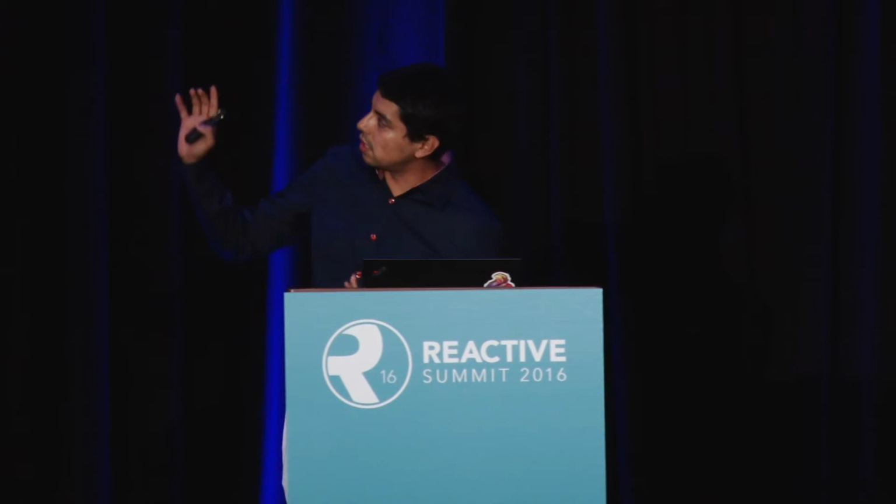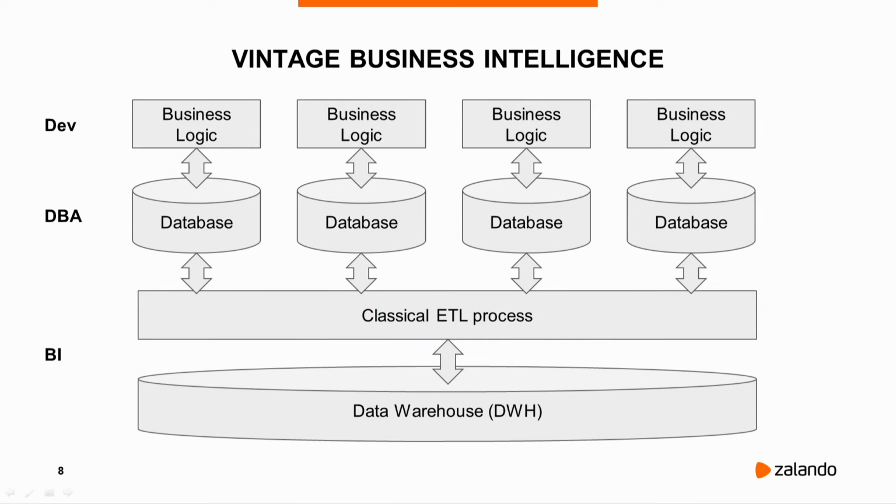You have your application, which contains the business logic. They write all the data and update all the data in some relational databases, such as the CRM, the CMS, the ERP. And then you have some classical ETL process that extracts data from these databases, applies some transformations, and loads the data inside a relational data warehouse.